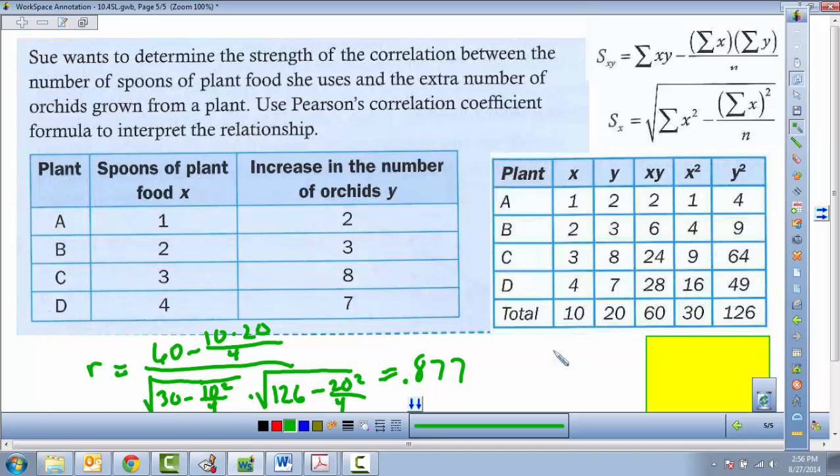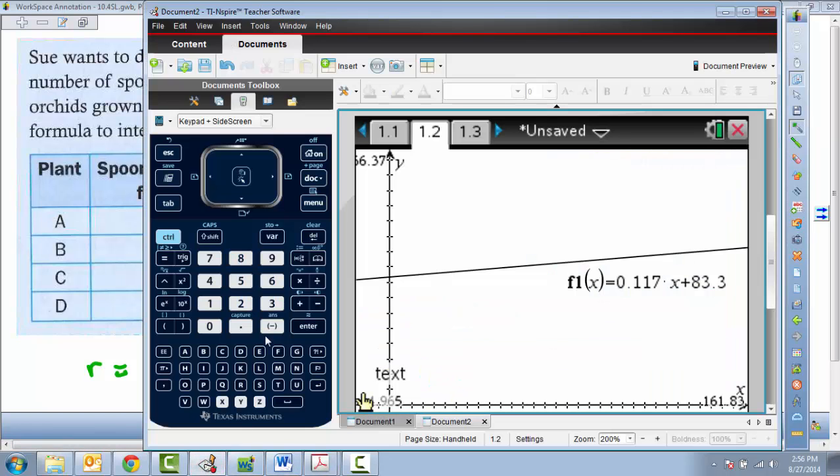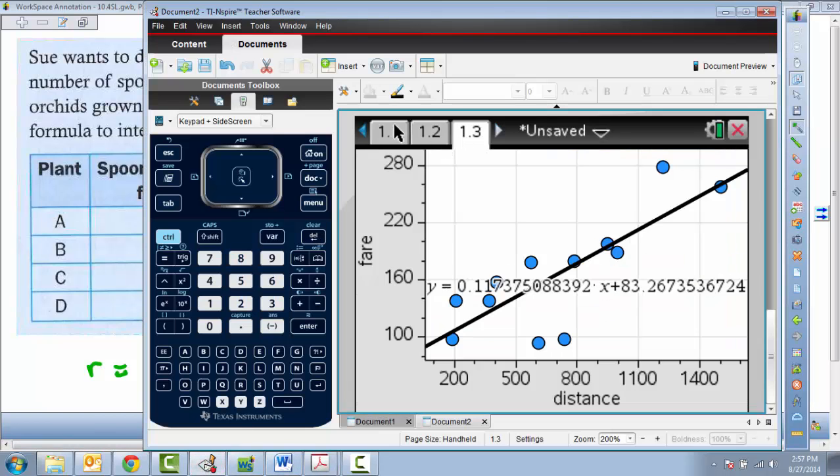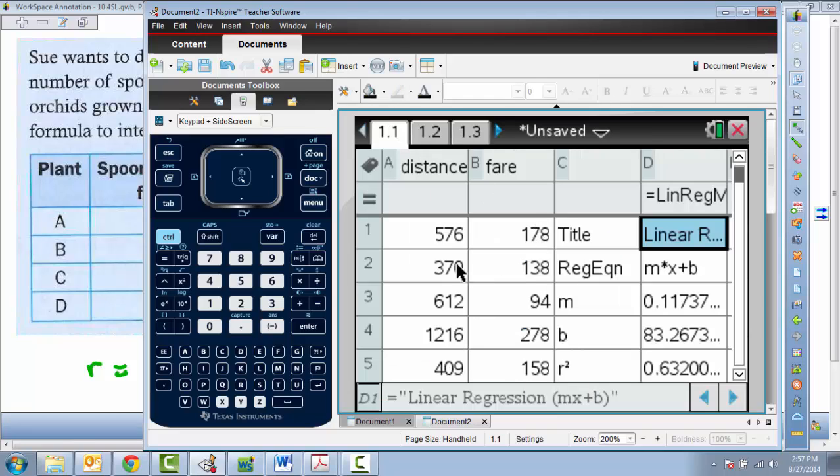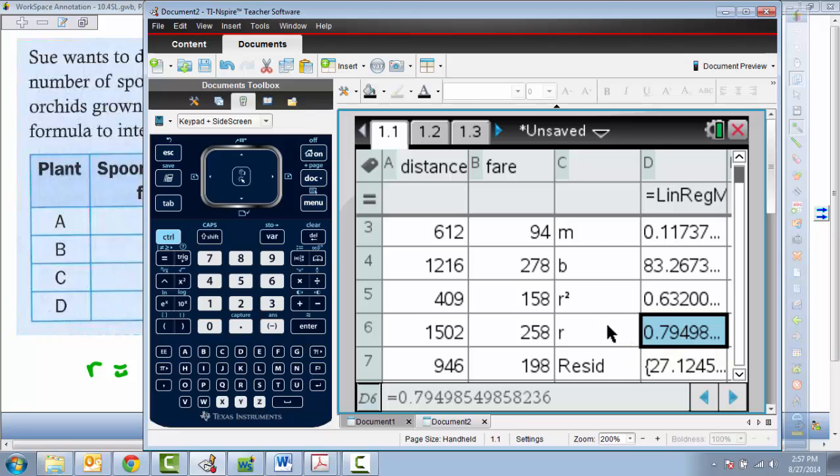So let's go back to our calculator and look at this. Let's look at the example from last time. There's our graph. Here's our data from last time. And we had our equation. We've got m, we've got b, slope, y-intercept. And then we have r. For this data set, our correlation coefficient was 0.79. So we could say that this data is strongly correlated, strongly positively correlated.